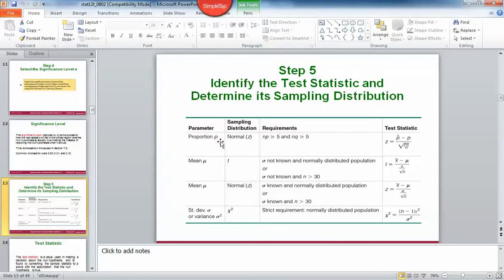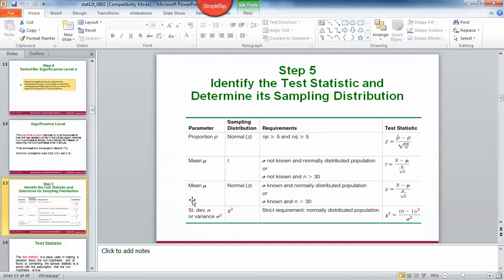When we talked about proportions, it was a Z distribution. If we're talking about a mean, it depends on, do we know the population standard deviation or not? It's going to meet one of these criteria to decide whether it's a T distribution or a Z distribution.